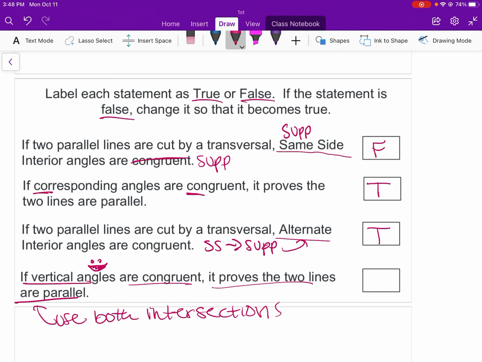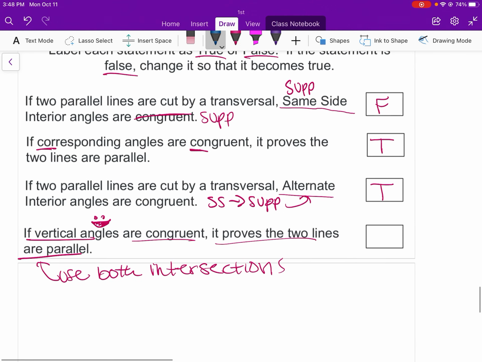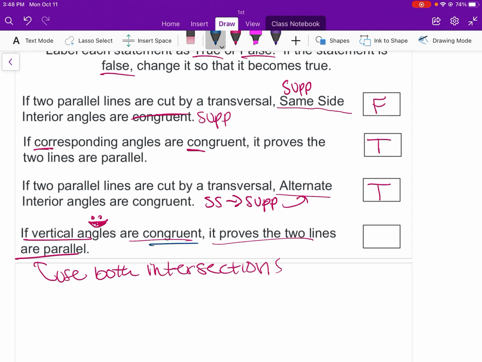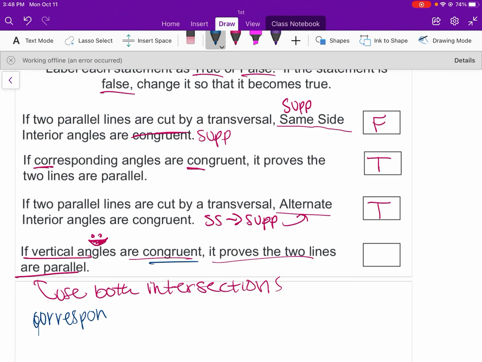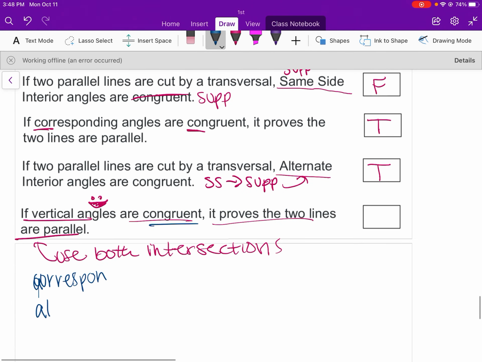So if you want to keep congruent, vertical angle has to be changed to either corresponding, alternate interior, or alternate exterior. And that would make it true, but currently it is sitting at false.